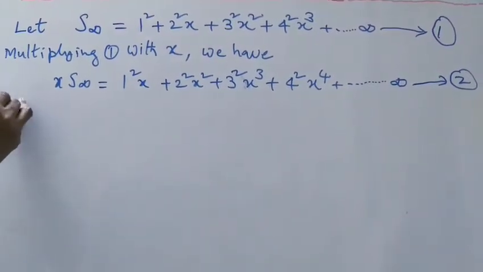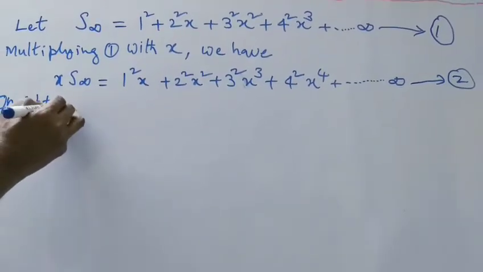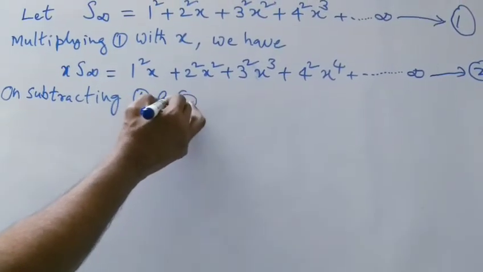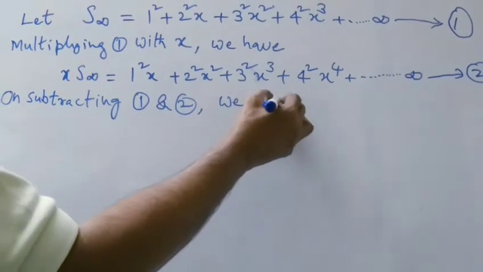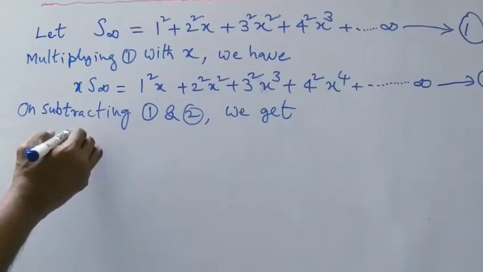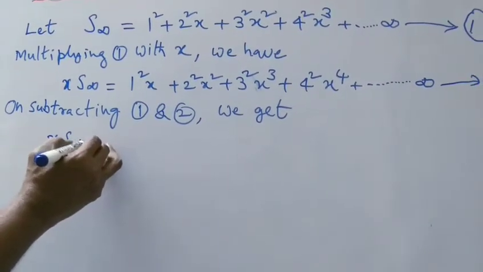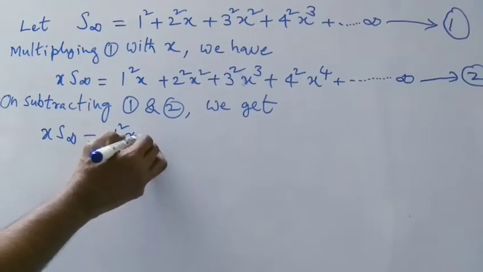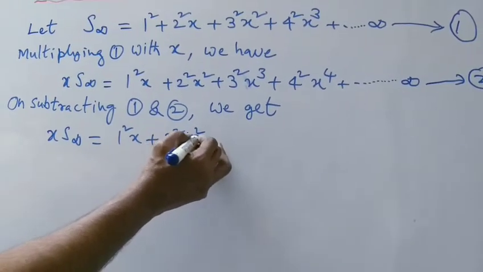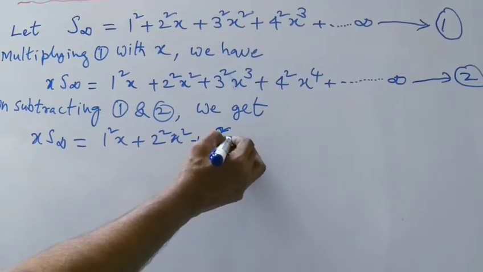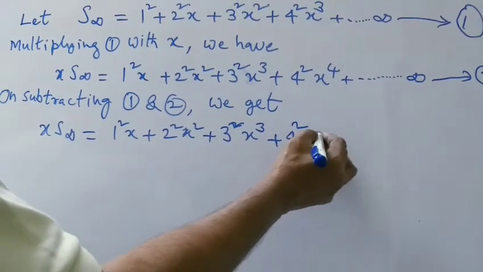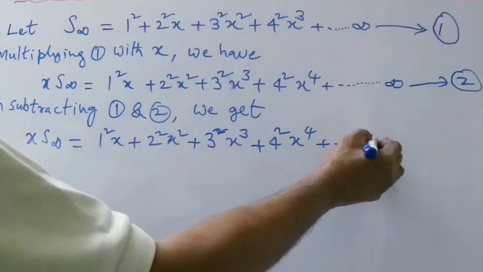On subtracting one and two, we get x into S infinity is equal to 1 square into x plus 2 square into x square plus 3 square into x cube plus 4 square into x to the power of 4 plus and so on up to infinity.